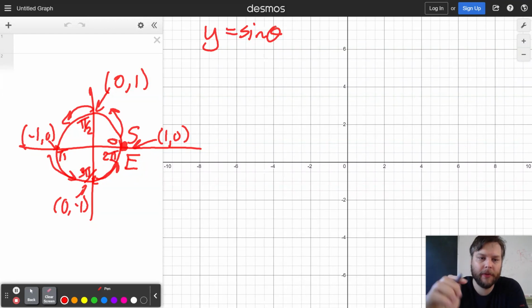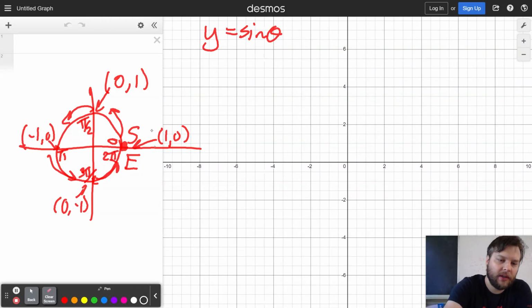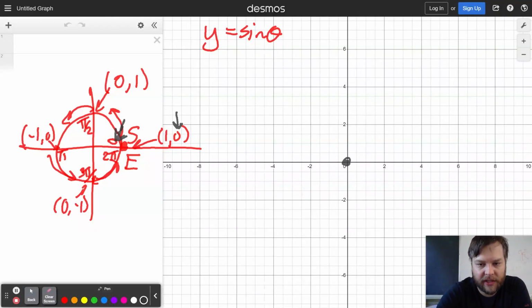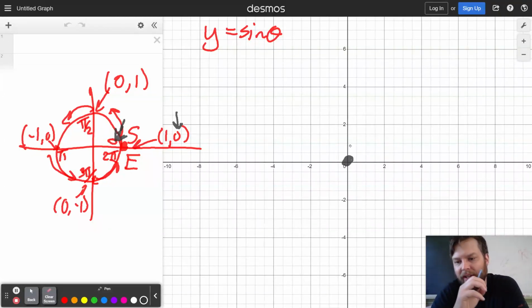So, for example, where we started was at an angle of 0. So when the angle is 0, what is the sine value? I completely ignore the x coordinate because the sine is the y coordinate. Okay? So what that means is angle 0, sine 0. That's why sine starts at the origin.